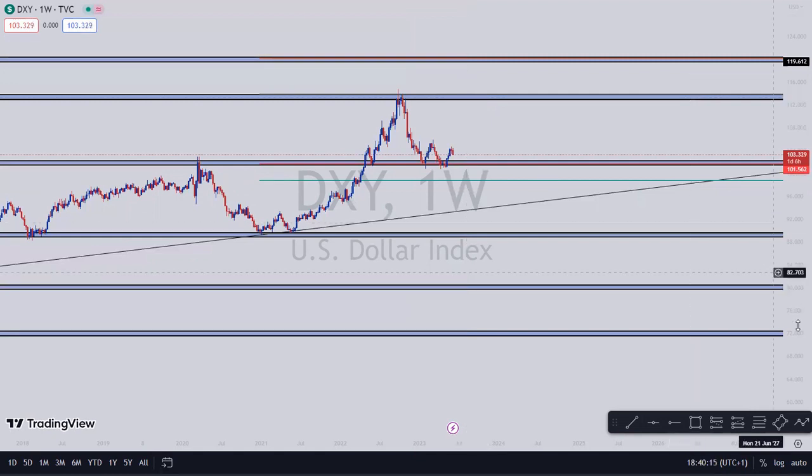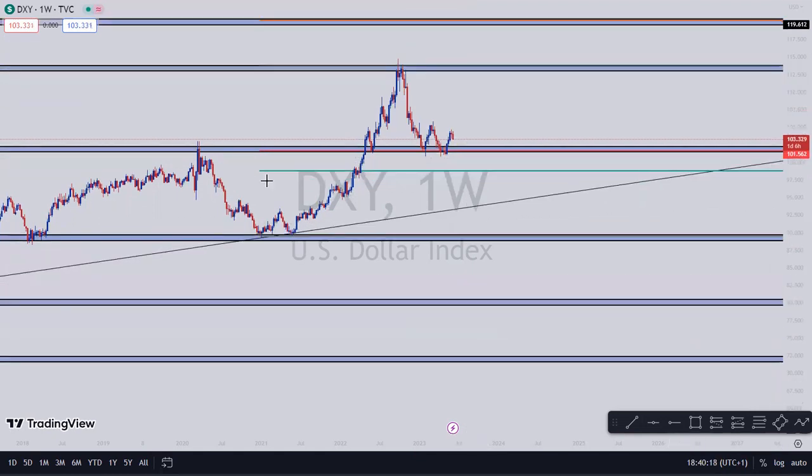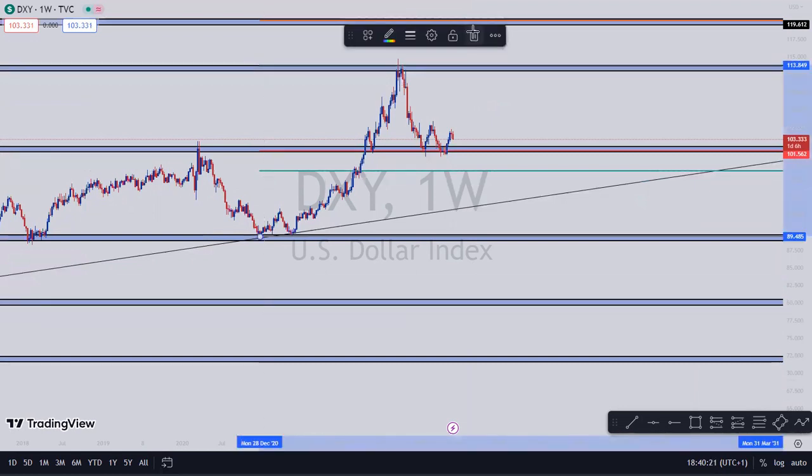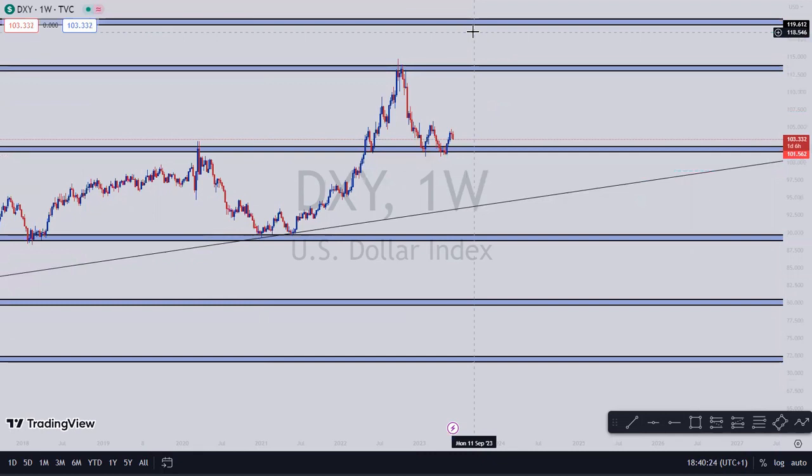But see what has happened. That's why I always tell you guys, don't expect from the market, do what the market gives you. Okay, do what the market gives you, don't expect from the market. So this is our overall trend line.